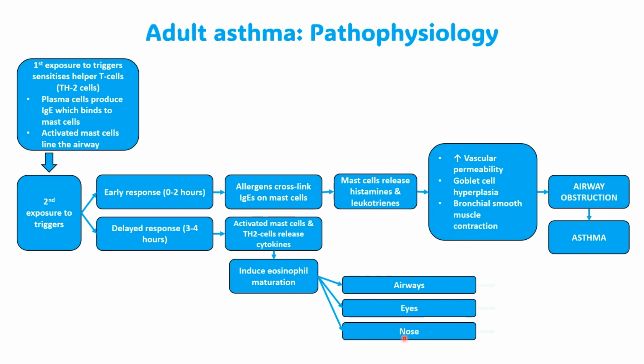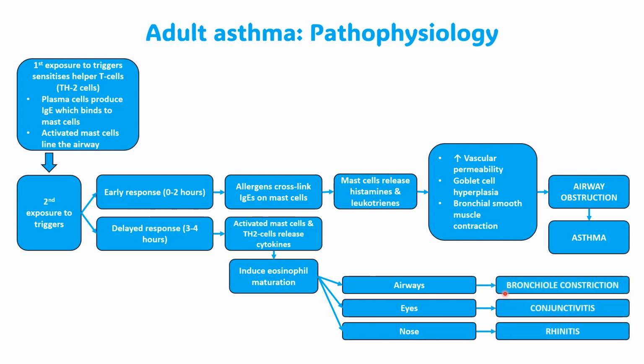In the airways, they release chemicals which cause bronchial constriction. They're going to cause conjunctivitis in the eye, and in the nose, they're going to cause rhinitis. We know eosinophils are associated with an allergic response, and these are all going to contribute to asthma.